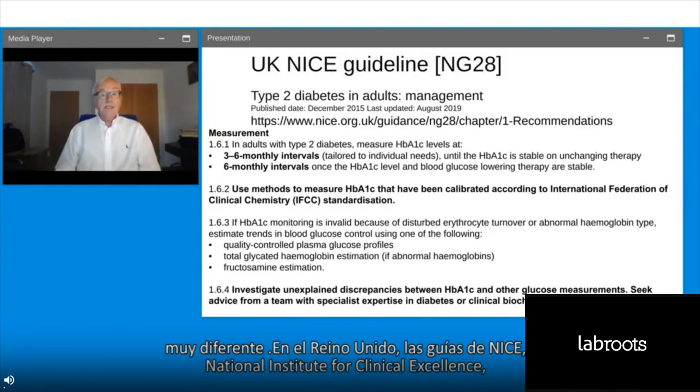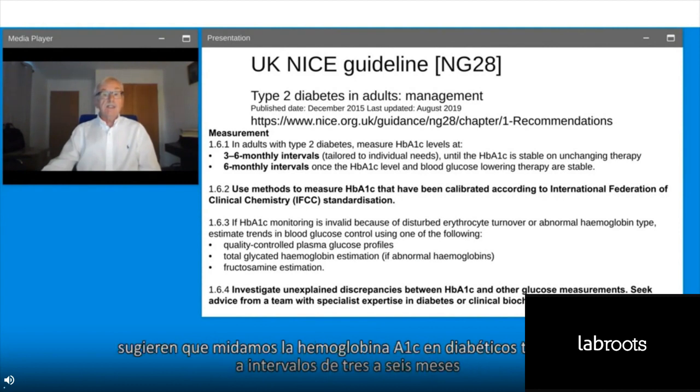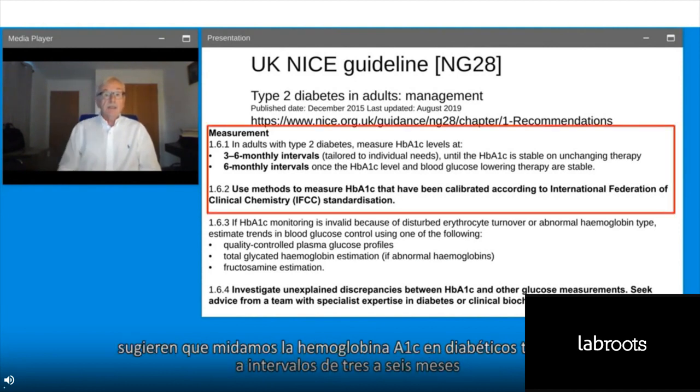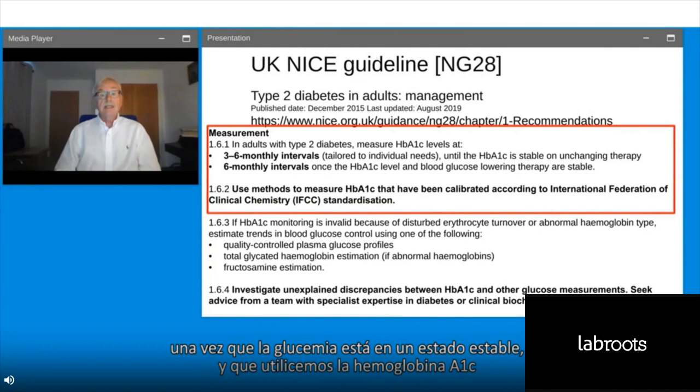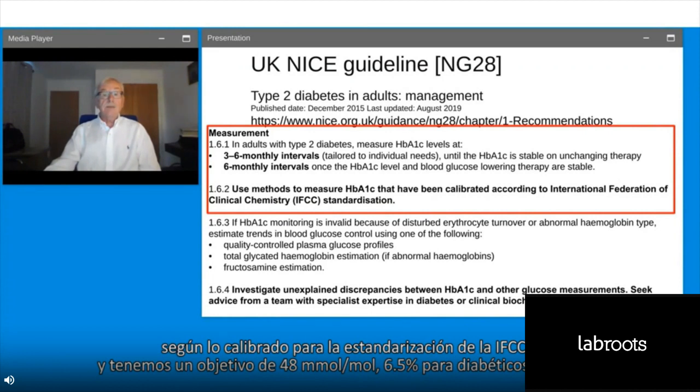In the UK, NICE guidelines, the National Institute for Clinical Excellence, suggest that we measure hemoglobin A1c in type 2 diabetics at 3 to 6 monthly intervals while the glycemia is changing, and possibly 6 monthly intervals once glycemia is in a stable state. And that we use hemoglobin A1c calibrated to the IFCC standardization.